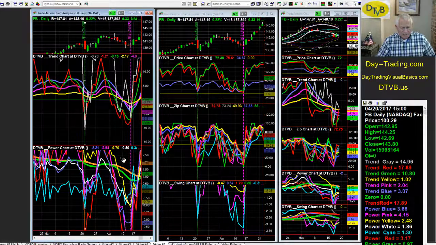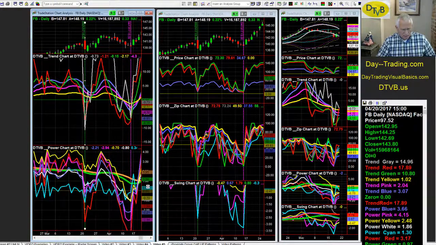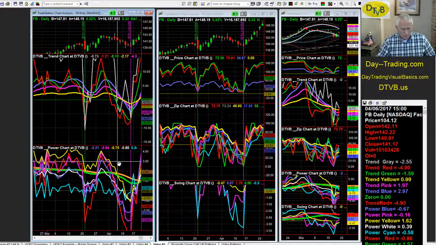Now, that is the same situation you have over here on this day, when power pink is down touching zero. But what happens? In this case, we have more influence from the power yellow line.